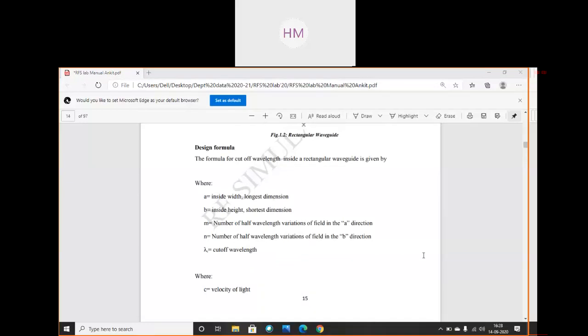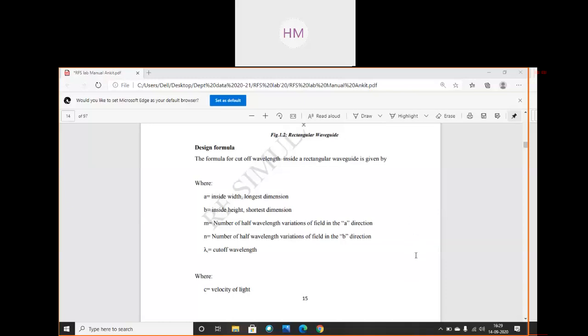Lambda c equals 2 upon under root, the whole root, m by a squared plus n by b squared. I'm writing, you can see that.